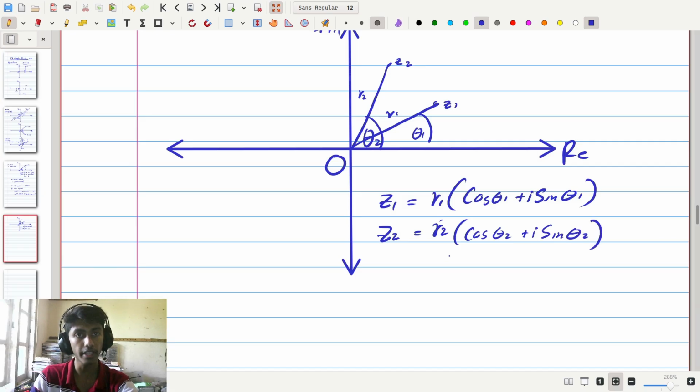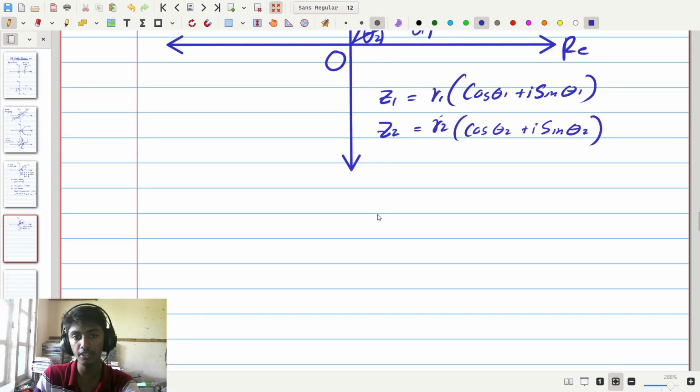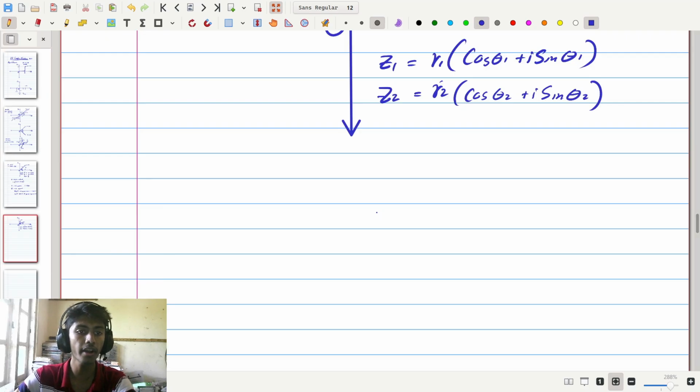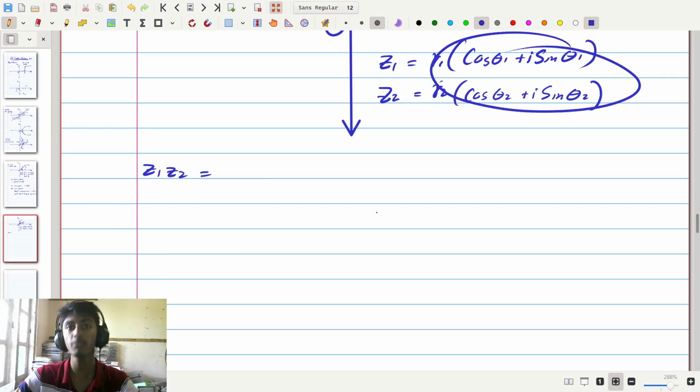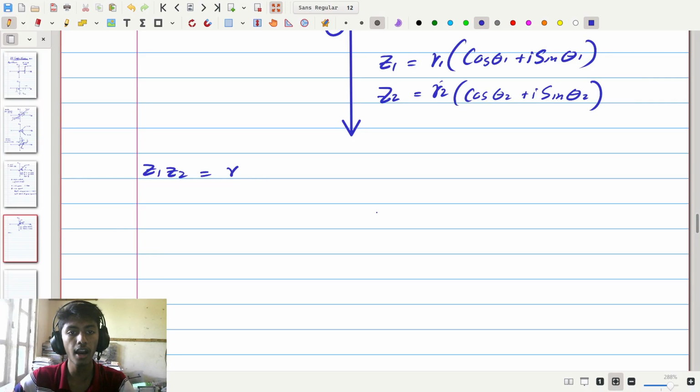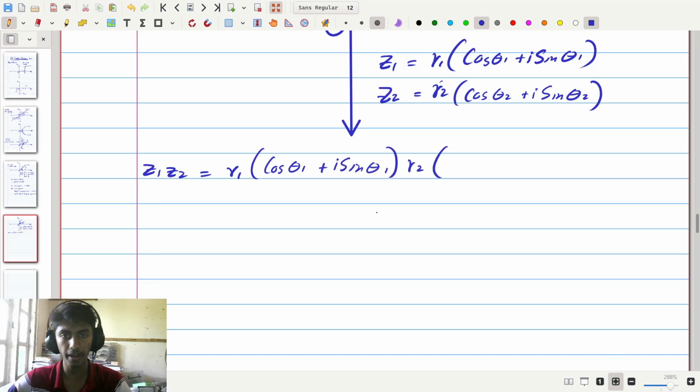Now, given this, let's try to multiply z1 by z2. Doing so, we can write z1 times z2 as r1 times the bracket of cosine of theta 1 plus i sine of theta 1, times r2 times the bracket of cosine of theta 2 plus i sine of theta 2.